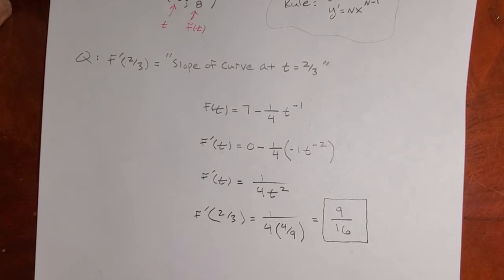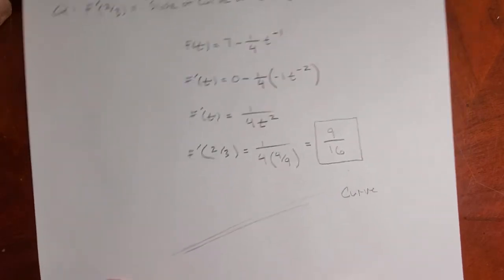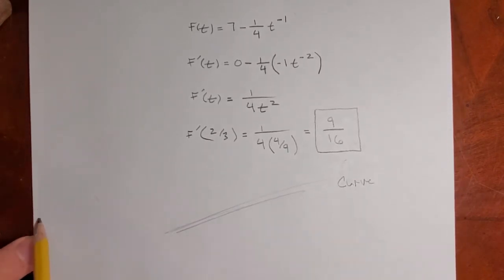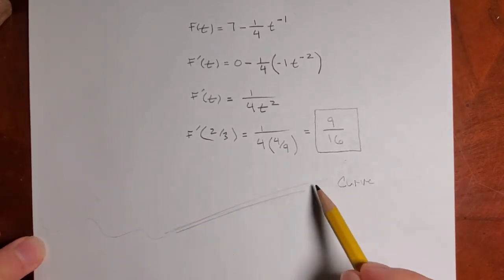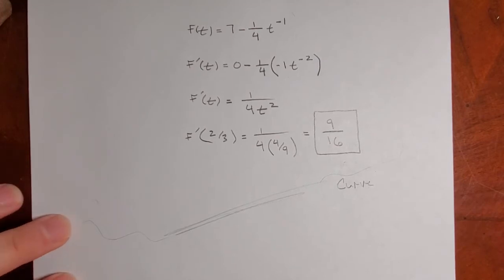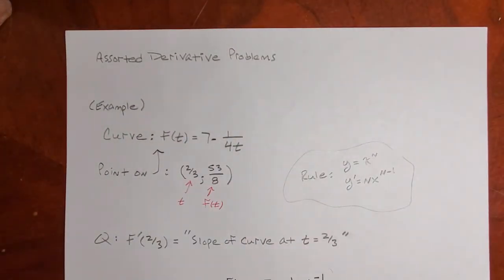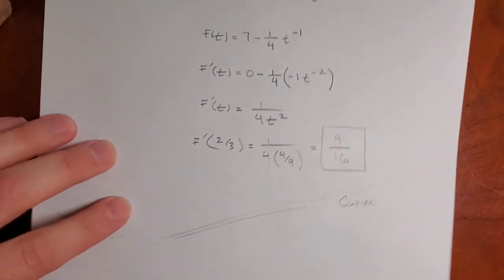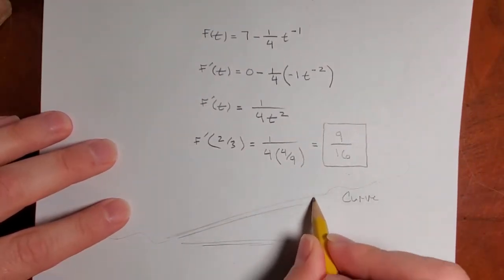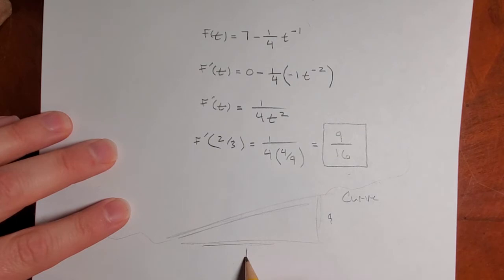We could stop thinking about it if you want to, but it's sort of like, if I could zoom into the curve on a very small scale. The big picture is it's wavy and it's curved. But at a microscopic scale at that point, if you look very close to the point, then you're going to see this rise and run proportional to like 9 to 16.